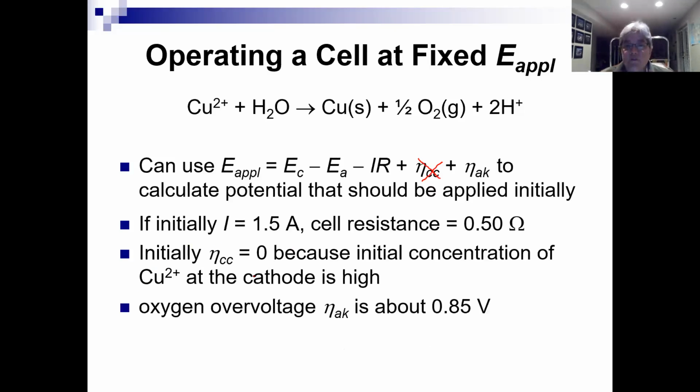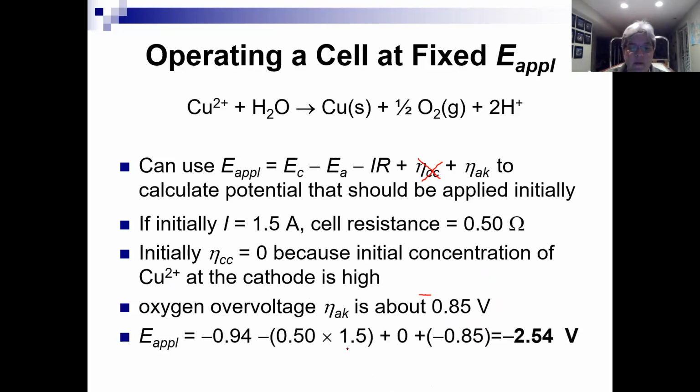And the overpotential for that oxygen reaction is 0.85 volts. Now, they said it's 0.85, but remember, I told you these are always negative, so this is really minus 0.85 volts. Now I can put in these numbers: I times R minus this, and notice what I get, minus 2.54 volts.